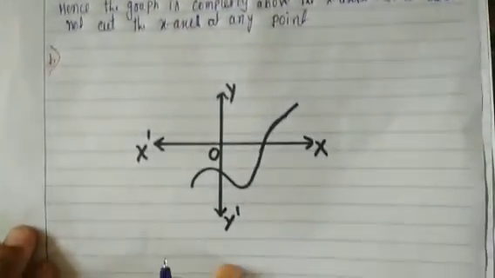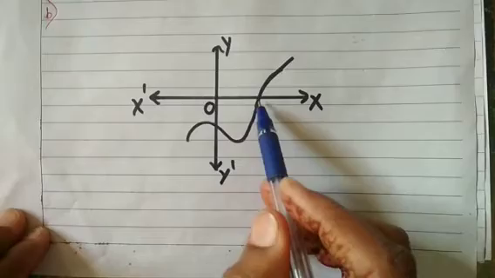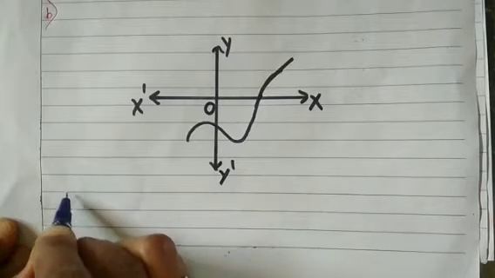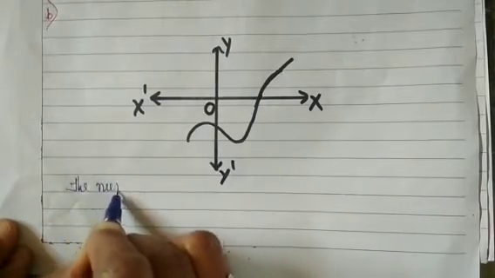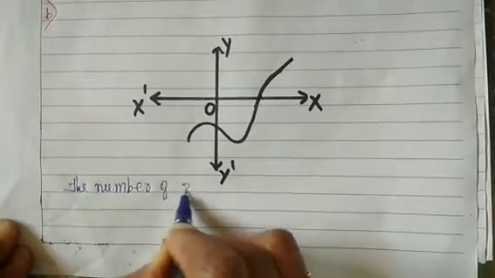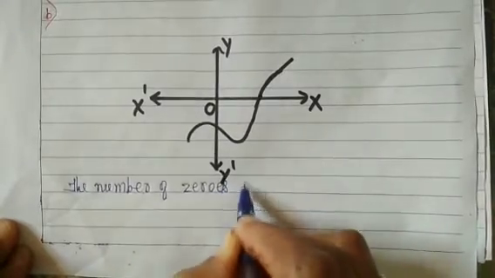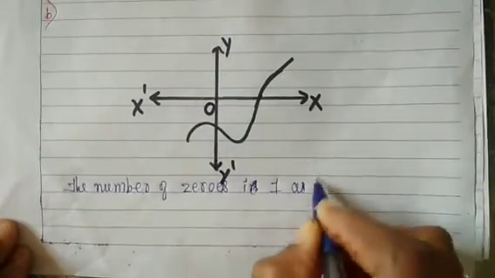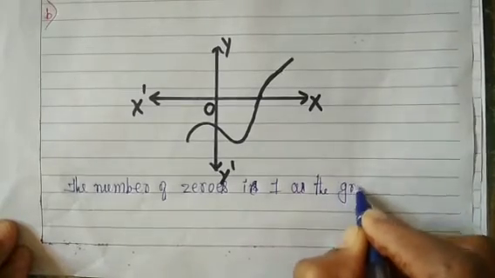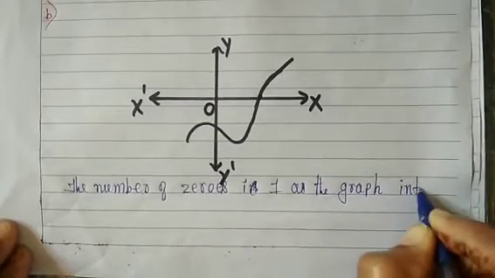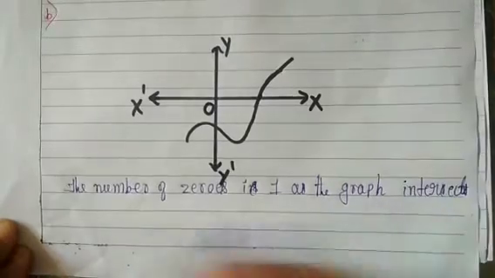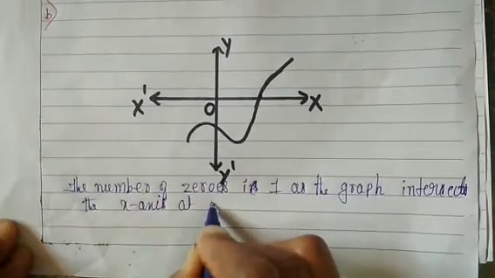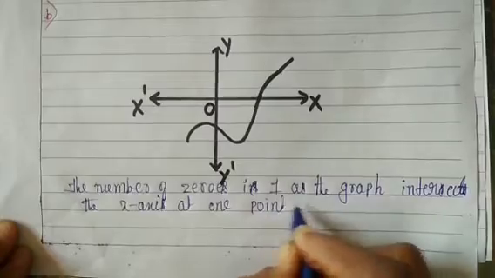In the second figure, the number of zeros is 1, as the graph intersects the x-axis at 1 point only.